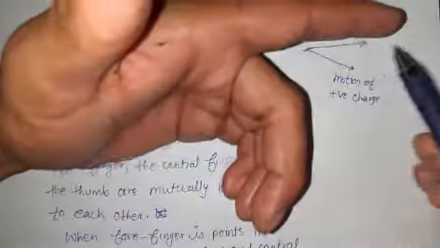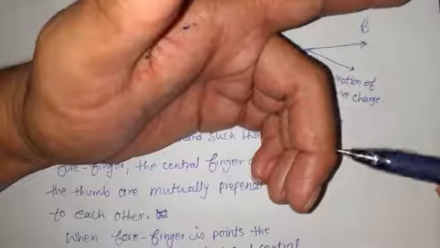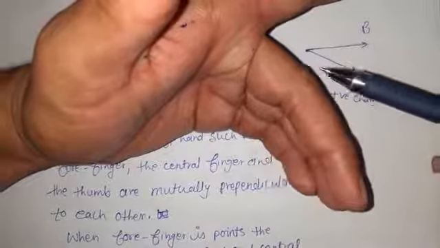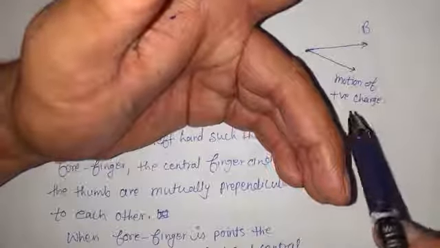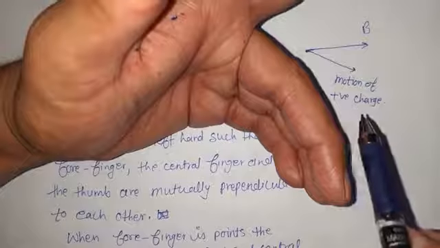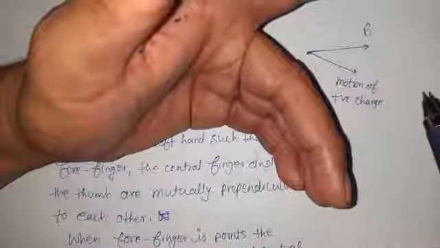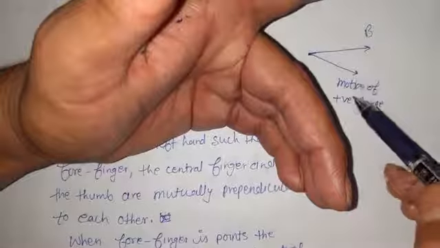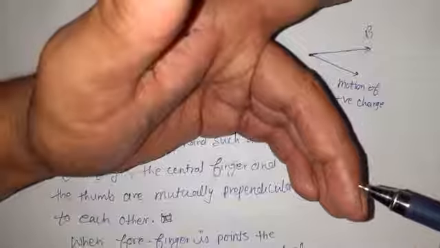So your forefinger should point in that magnetic field, while this central finger must be in the direction of that motion of positive charge. I'm specially saying it is in the direction of motion of positive charge. If it is negative, it will be the reverse of this one. So over here the motion of the positive charge will be pointed out by this central finger.